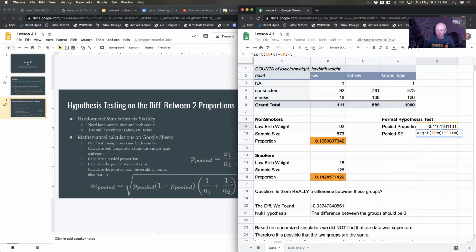So, parenthesis, 1 divided by the sample size from the first category, plus 1 divided by the sample size from the second category. Close that parenthesis, that's this one right here, and then close the square root. Okay, now I'm going to click on that again so you can look at it. Put me on pause if you need to. You should be getting something about 0.03.